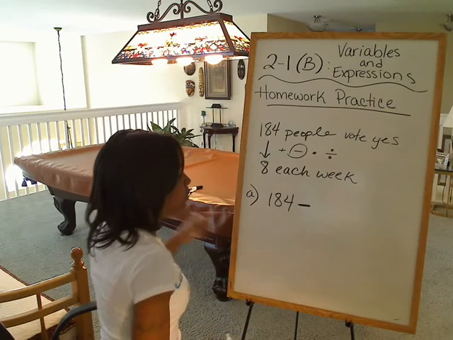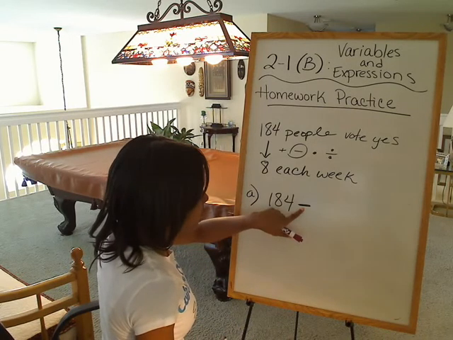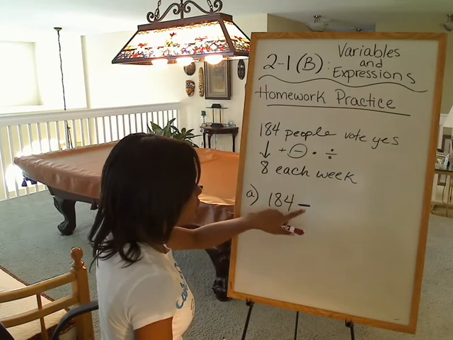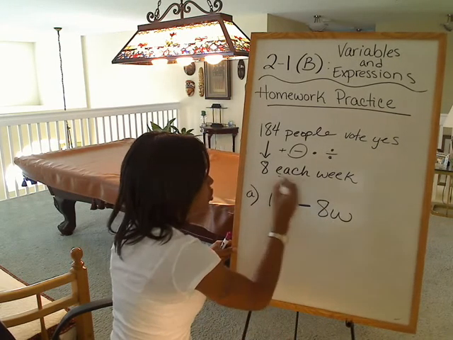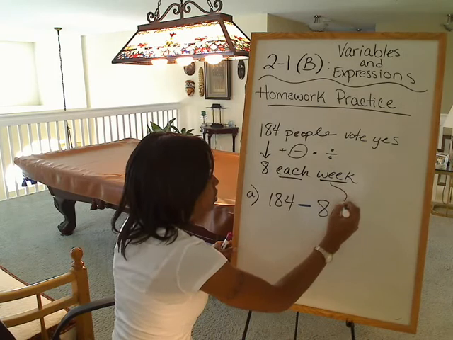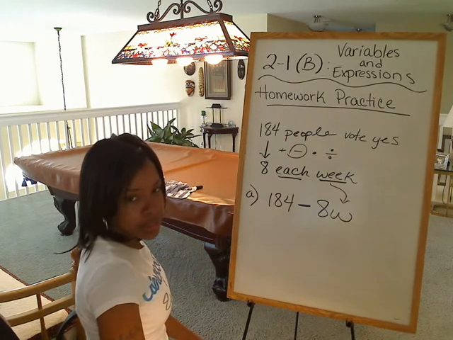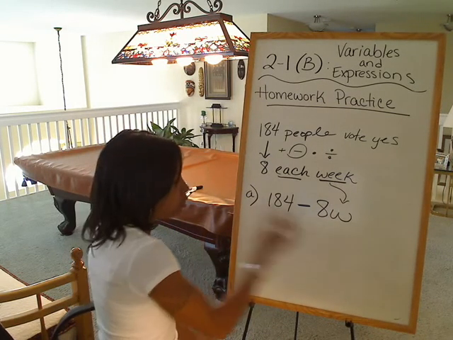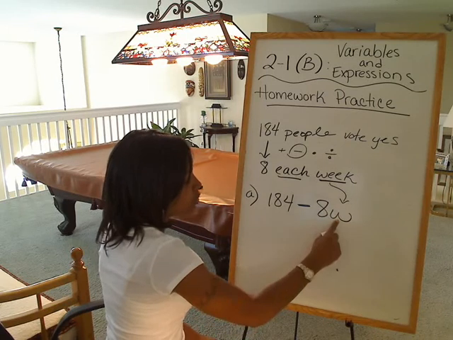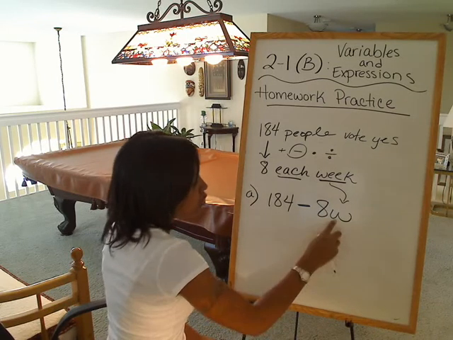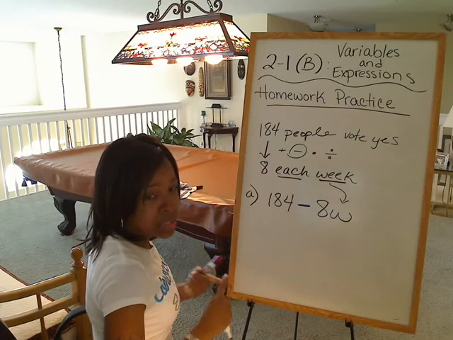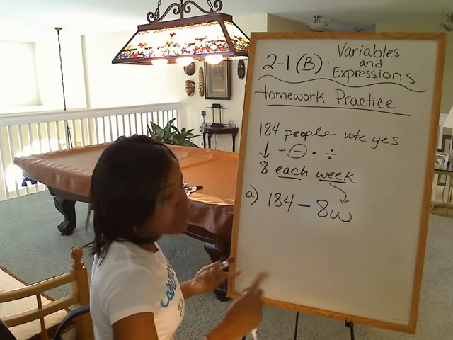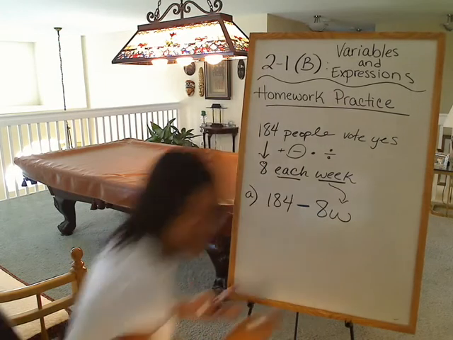So 184 going down by 8 each week means you're taking away 8 each week. Each week is the W. So that means every week, if it's 2 weeks, W would be 2. If it's 3 weeks, W would be 3, because each week you're taking away 8. So that means basically you're multiplying 8 by how many weeks there are, right?